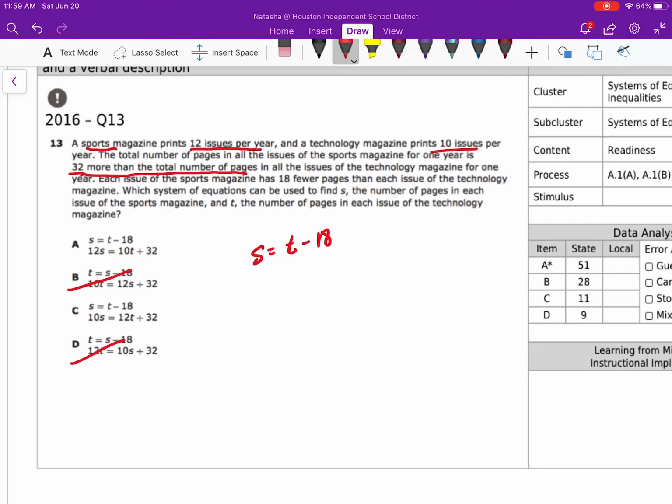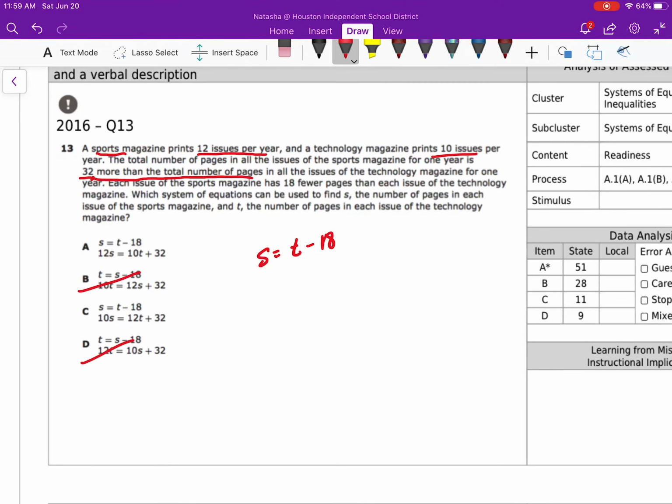The sports magazine prints 12 issues per year. And so we can say 12S for the sports, and the technology, T, is 10.